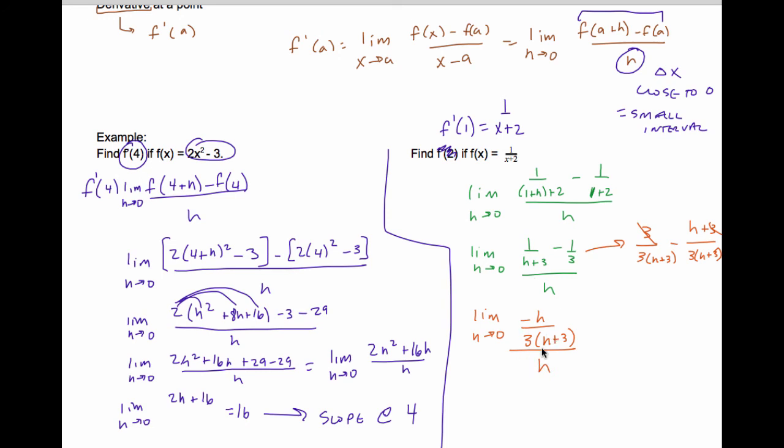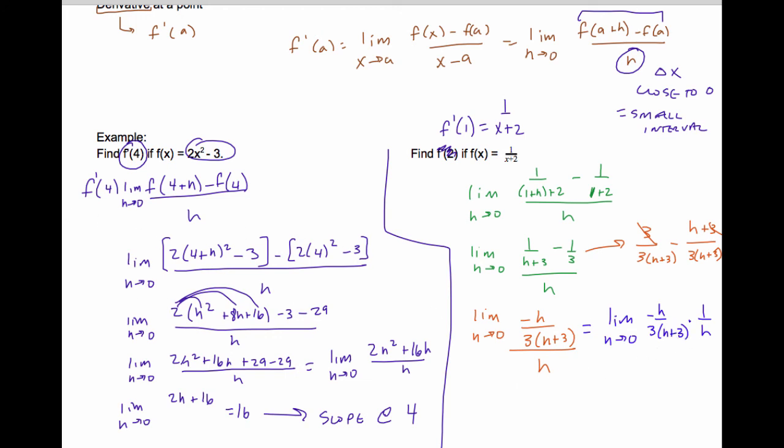So all of that on top is still over h. Now this is a general thing. This happens a lot, and this is something students often forget: I'm still dividing by h. So this is essentially negative h over 3 times h plus 3, times 1 over h. That's what dividing by h means. You're multiplying by 1 over h.